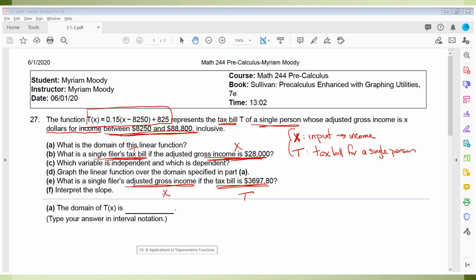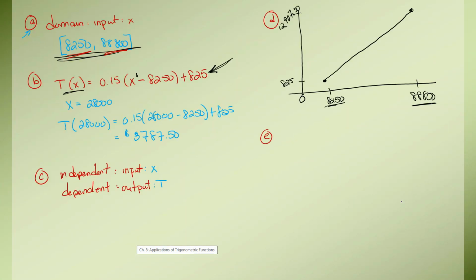They want to know X. So it looks like we're filling in T in this case, and then finish writing off the rest of the function. And now we got some solving to do, don't we?